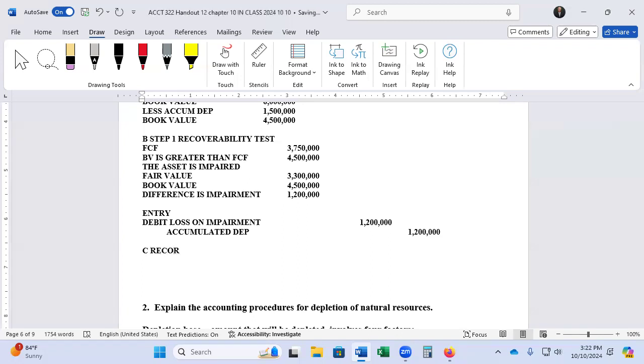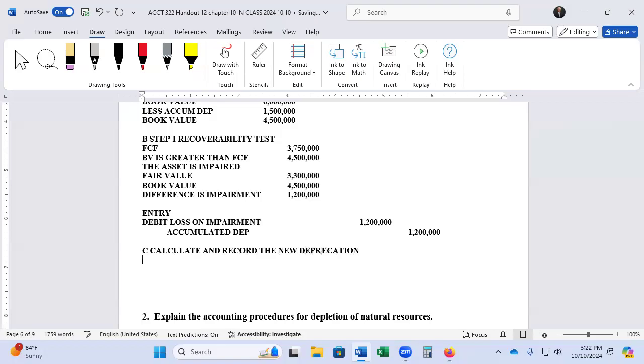So we need to record new depreciation. Our book value written down equals 3.3 million.